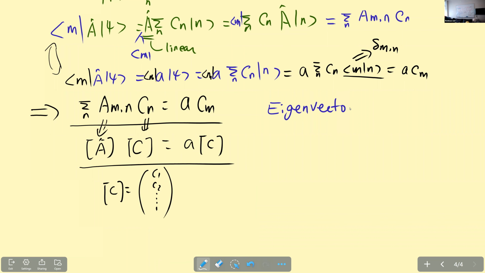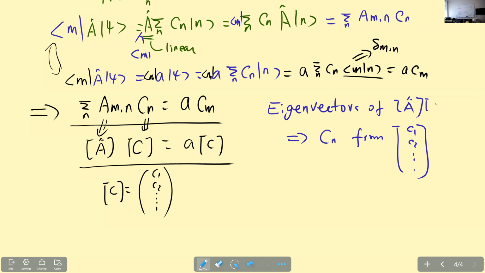So that you find the eigenvectors of A, and you get a state. This one is determined from this vector C1, C2, right?